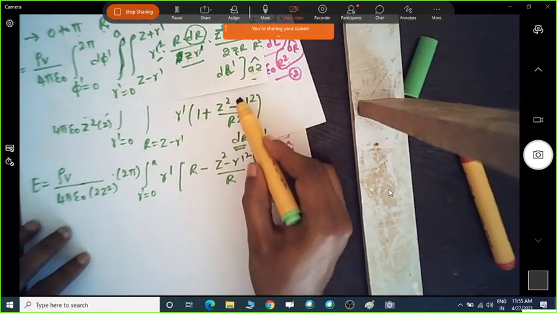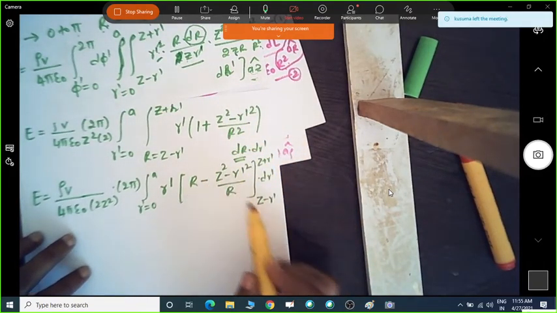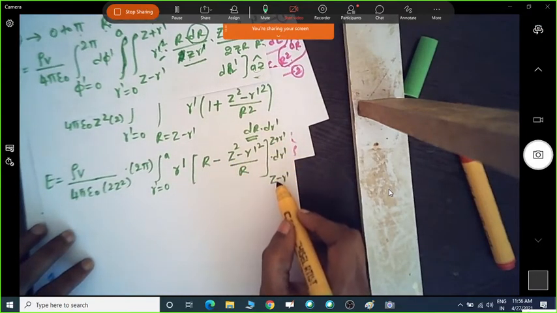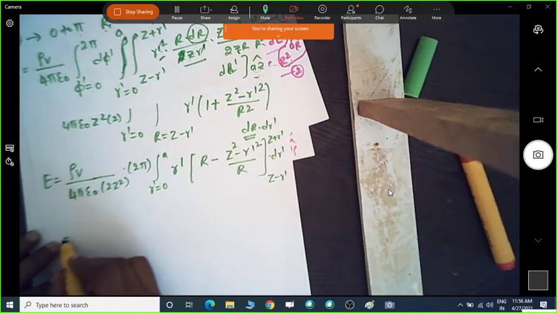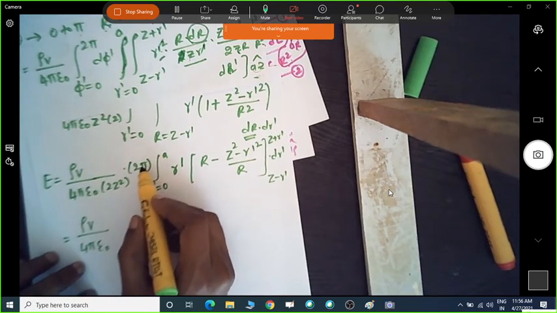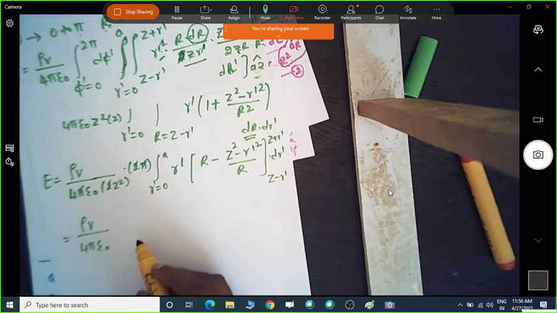If you integrate this using the quotient rule, you will end up with this equation. Now substitute the limits and you will get rho v by 4 pi epsilon naught. Again this 2 will cancel and the other factor will cancel.